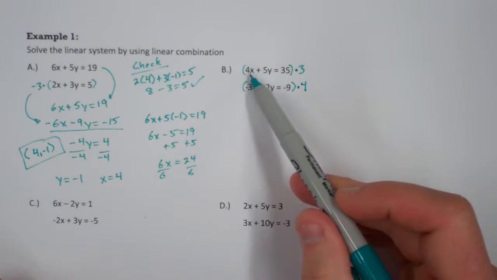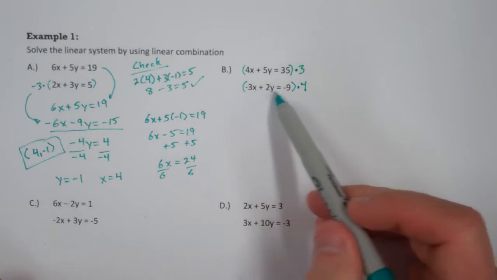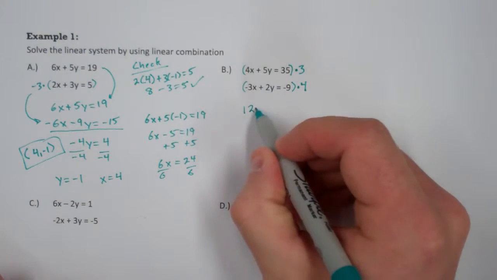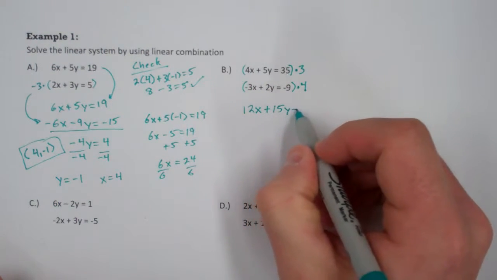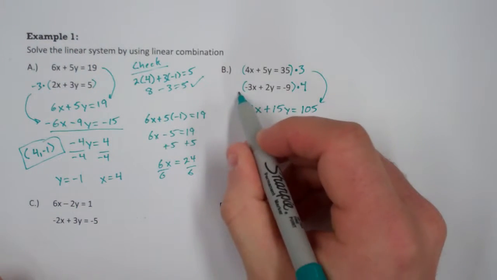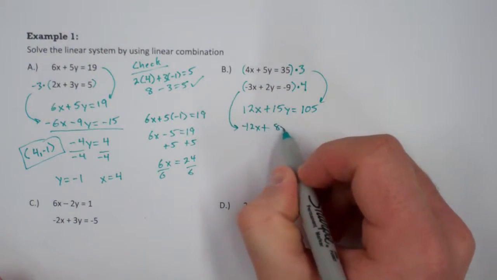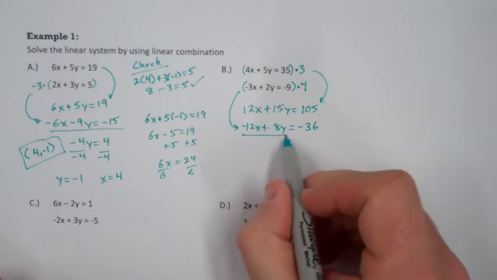Notice the number is the same, 3 and 4, except I want this one to be positive and this one to stay negative. So if we do that, multiplication here with the first equation, we've got 12x plus 15y is equal to 105. The second one is going to be -12x plus 8y is equal to -36.